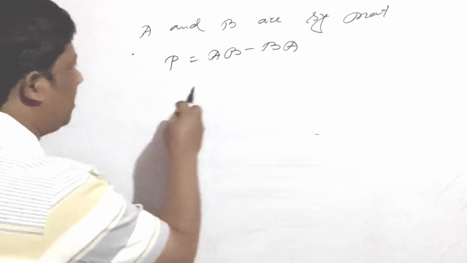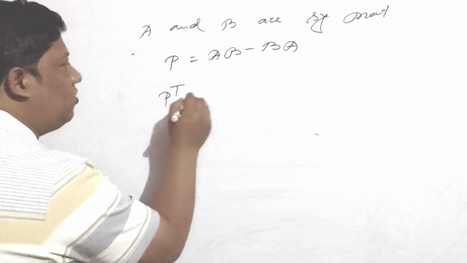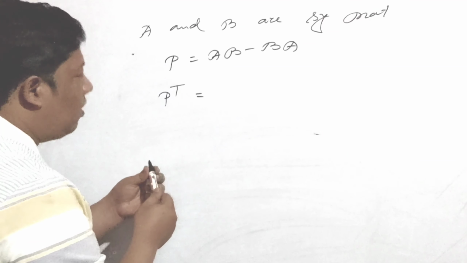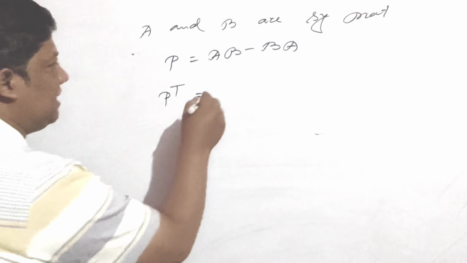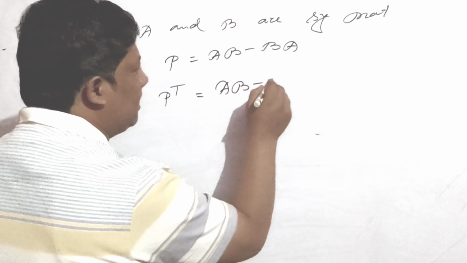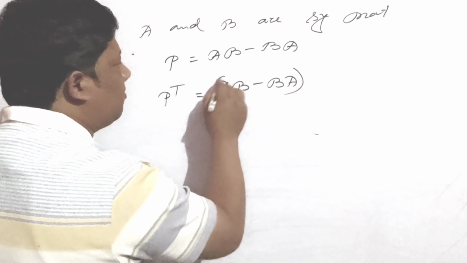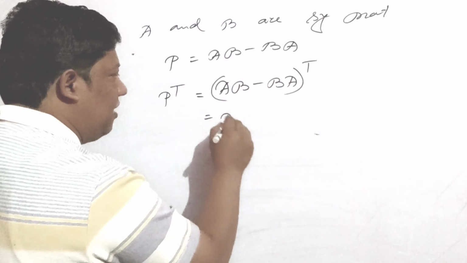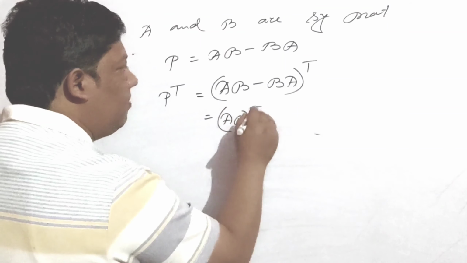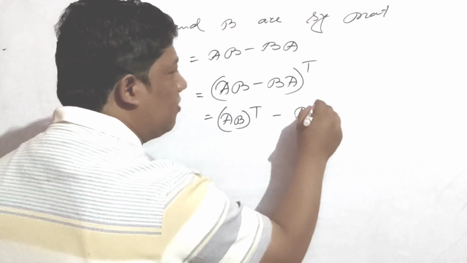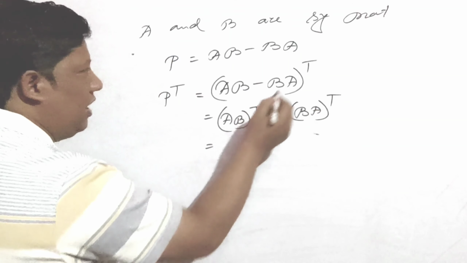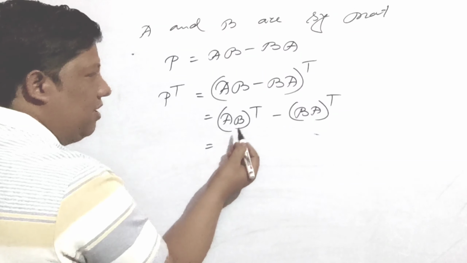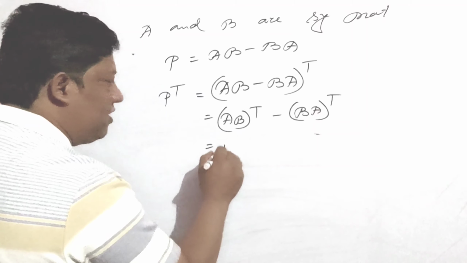Since they are symmetric matrices, if you want to prove whether it is symmetric or skew symmetric, then in such cases you have to transpose both sides. Then the transpose comes on the whole matrix. But in case of the product, it will be in reverse order.